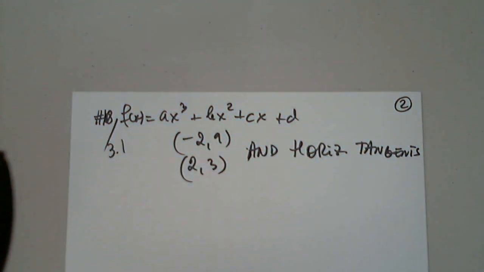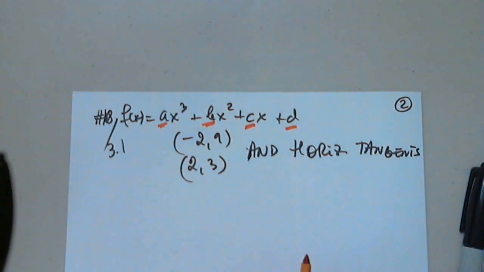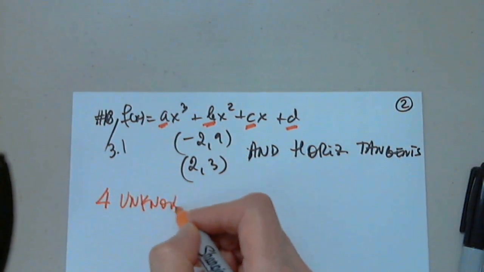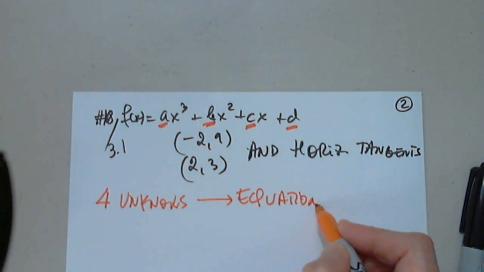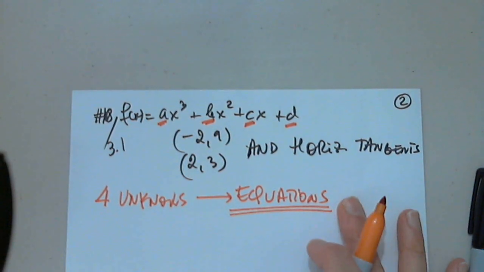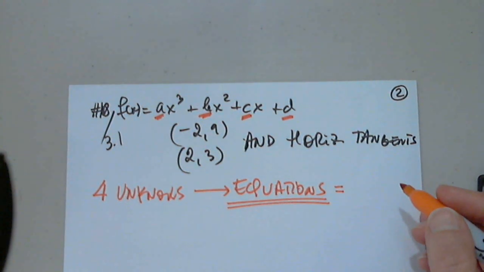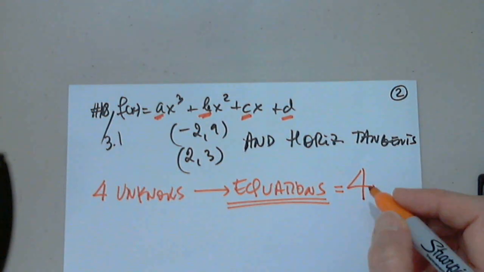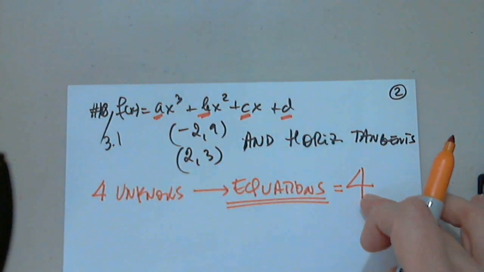We do not know 4 different coefficients, A, B, C, and D. So if we have 4 unknowns, how many equations do we need? Absolutely 4. If we have 10 unknowns, we need 10 equations. If we have 4 unknowns, we need 4 equations.